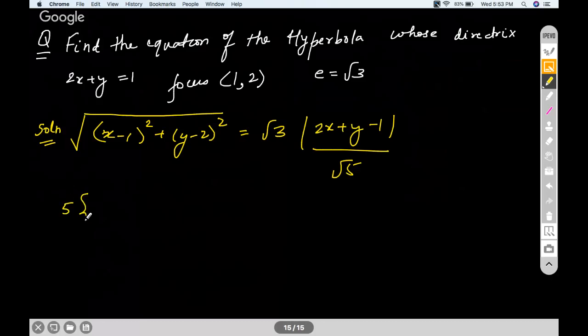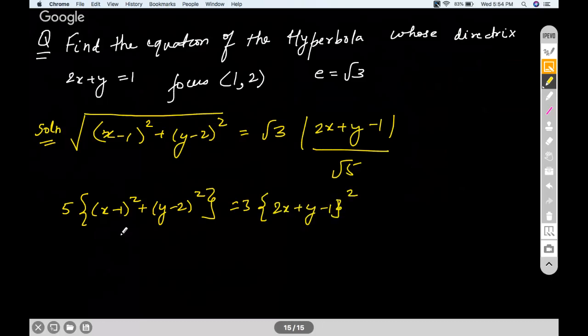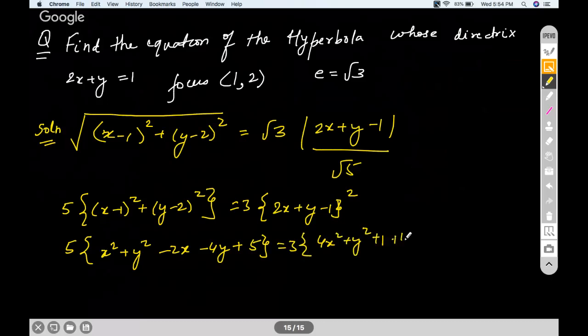So we'll get 5 times (x minus 1) square plus (y minus 2) square equals 3 times (2x plus y minus 1) whole square. If you open the brackets, you will get 5 times x square plus y square minus 2x minus 4y plus 5 is equal to 3 times 4x square plus y square plus 1 plus 4xy minus 2y minus 4x.